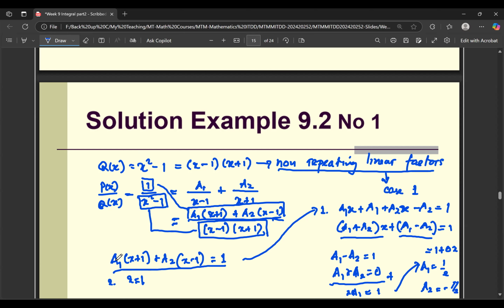And instantly we have 1 multiplied by 2, because 1 plus 1. This is 0, and the right side is still 1 because x is not contained in it.